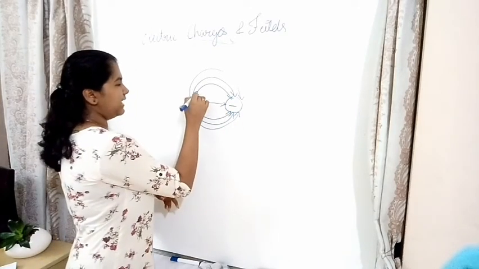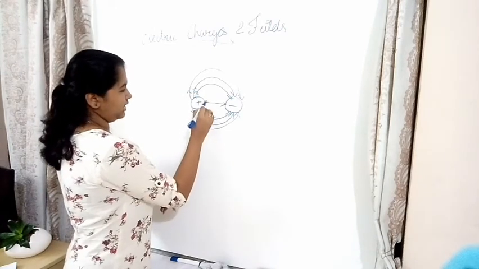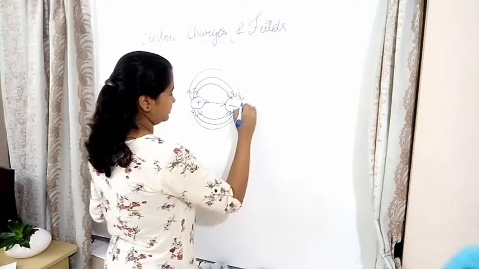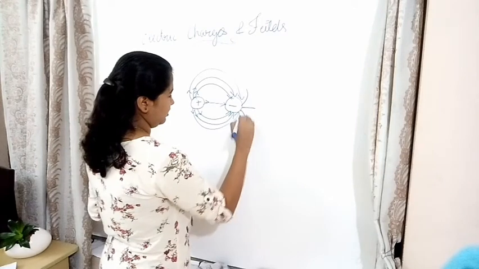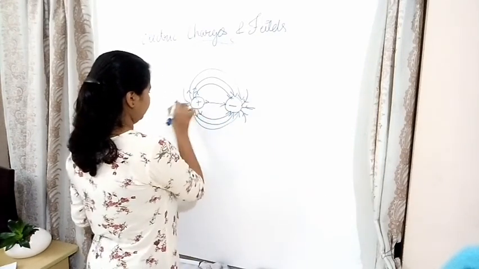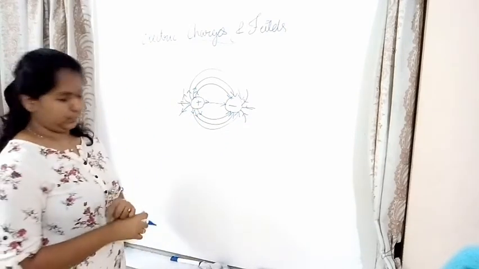From here it is moving out, and from here it's moving inside. So let's mark it. It comes, it leaves. So this is for a dipole.